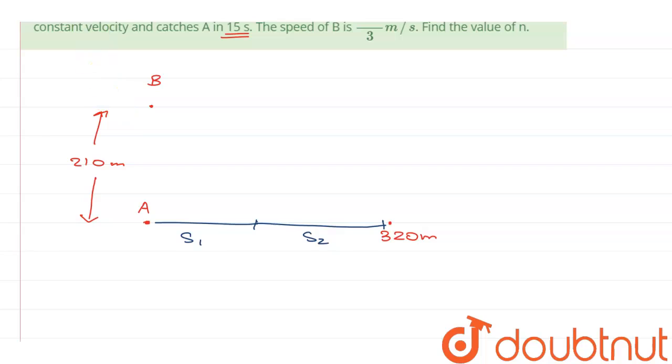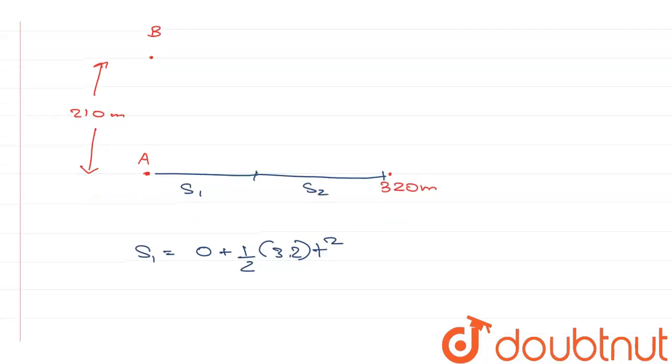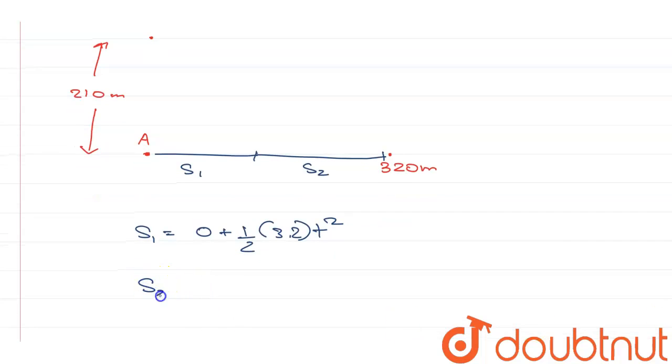So S1 will be, initial velocity u will be 0, so 0 plus 1 by 2 into acceleration 3.2 into t square, and S2 will be v square minus u square upon 2a.